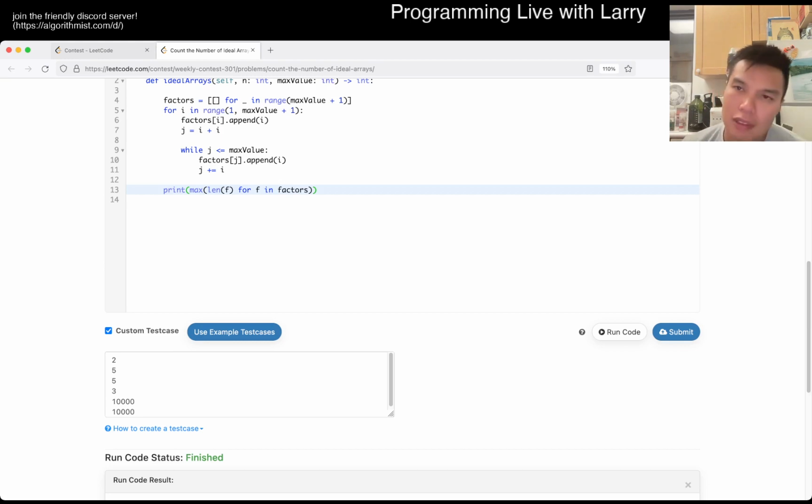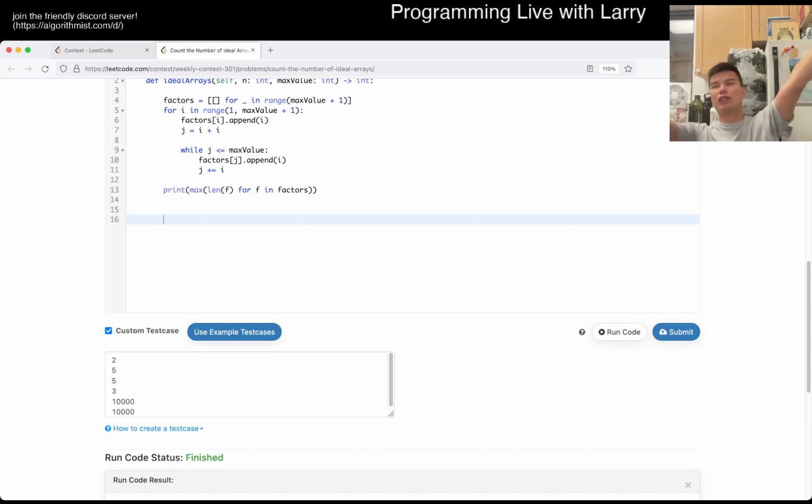Do I want all the factors or the primary things? Because then, okay, so how do I do pause?